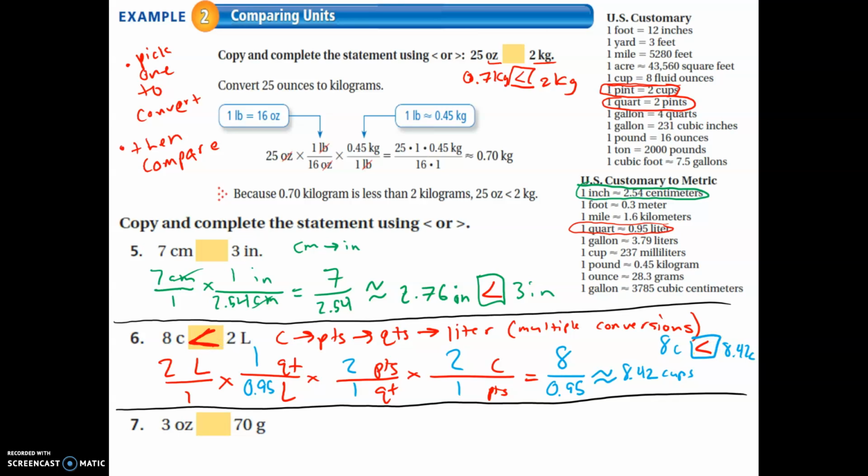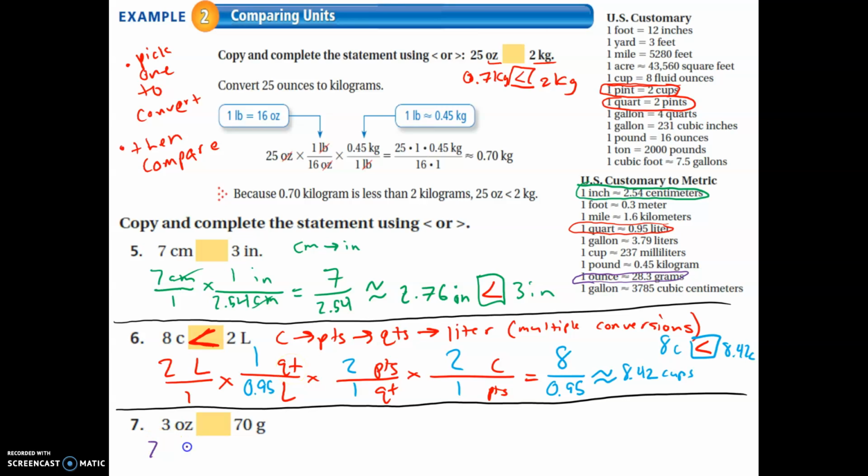So the last one, we're taking a look at ounces to grams. Do we have an ounces to grams conversion? Let's see. Yes, we do have an ounces to grams conversion. 1 ounce is 28.3 grams. I'm going to convert grams to ounces just because I want to try something different. So grams to ounces. I want you to pause the video, try this one, and check your work with me.